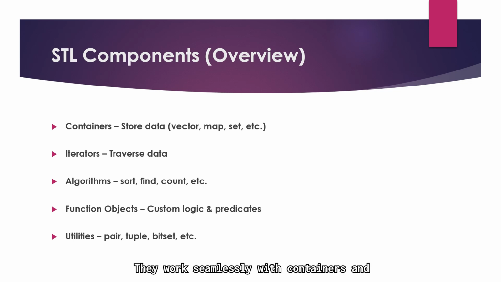They work seamlessly with containers and iterators. And fourth are function objects or functors, which allow us to create custom behavior when working with algorithms. And finally, STL includes several utility tools like pair, tuple, bitset, and newer additions like optional, variant, and any in C++17.